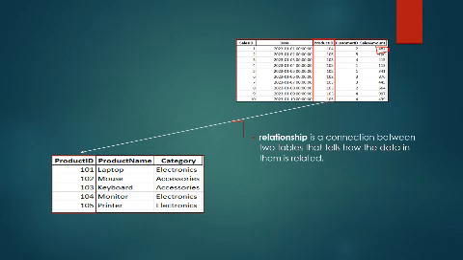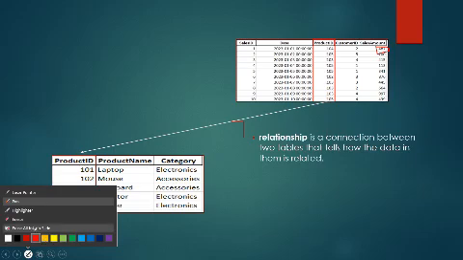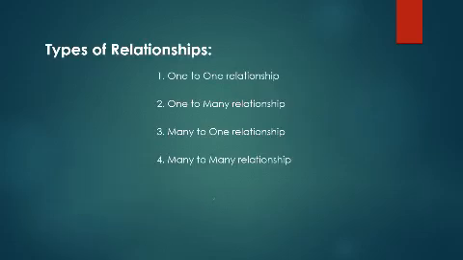These relationships are also of different types. Let me explain. How many types of relationships do we have? We have four types: one-to-one, one-to-many, many-to-one, and many-to-many relationships. Let's see one by one.